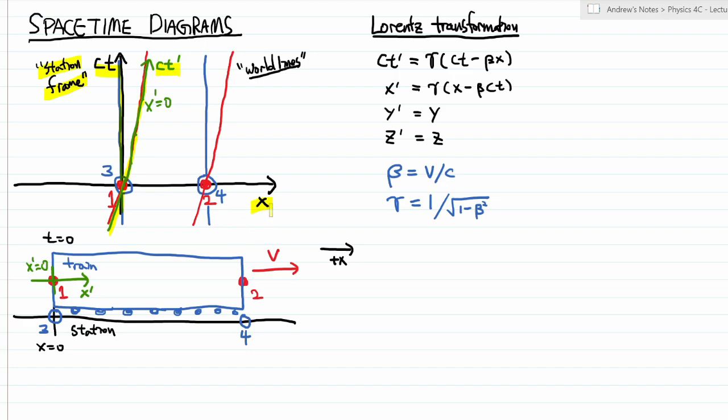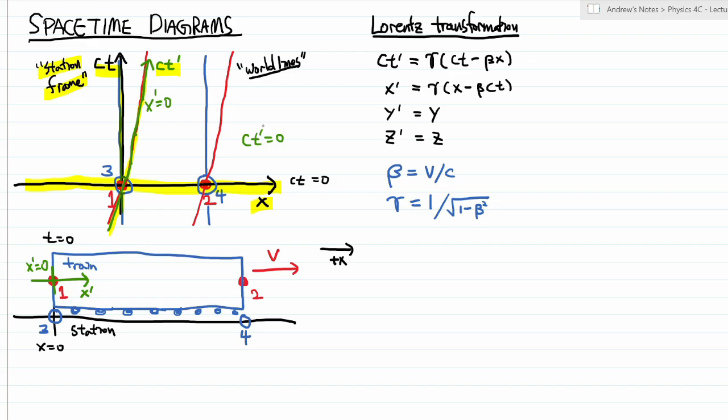We can look at the x-axis. When you look at the points that make up the x-axis, all these are points where time coordinate ct is equal to 0. So if we can find the set of points where the time coordinate ct prime is equal to 0, we'll have found the x prime axis.